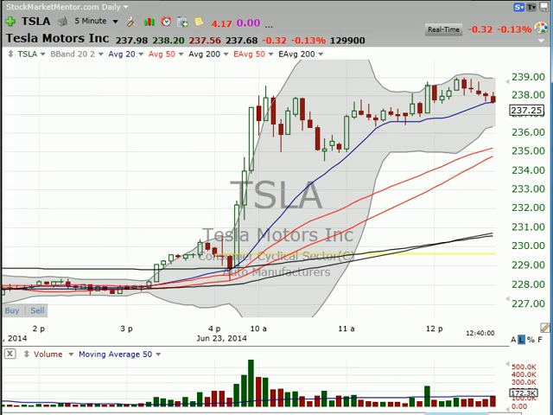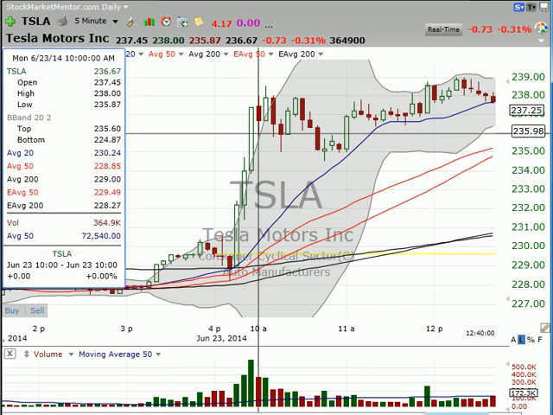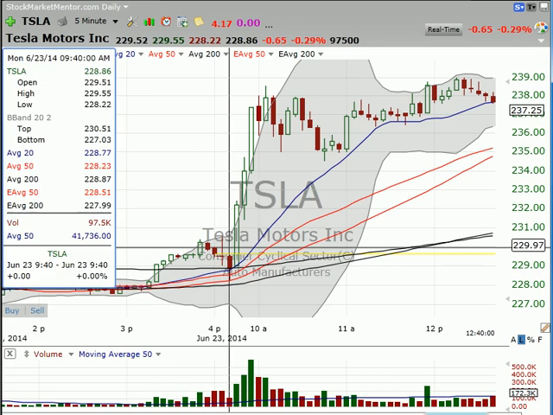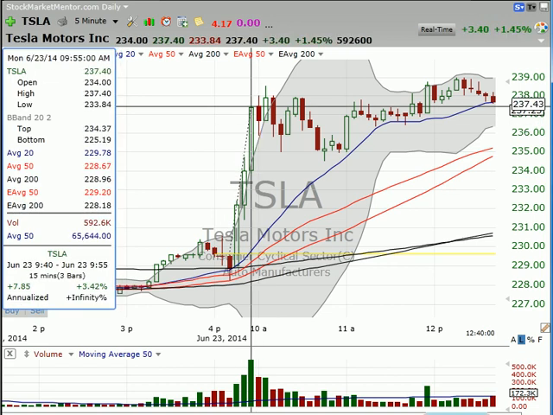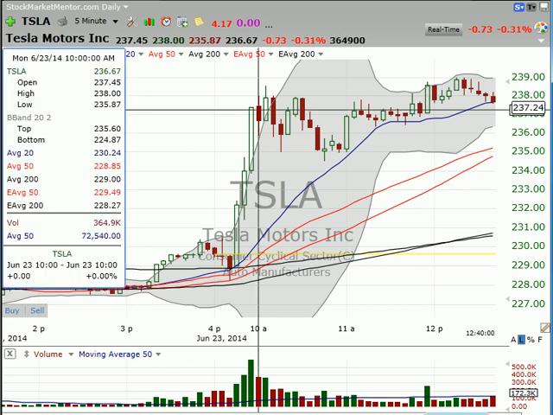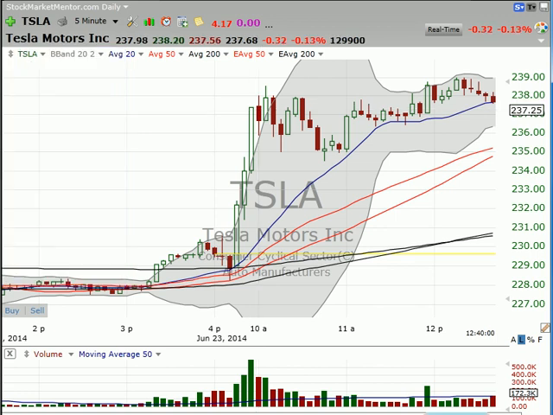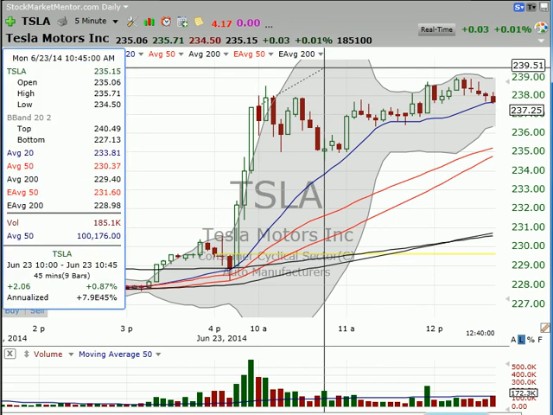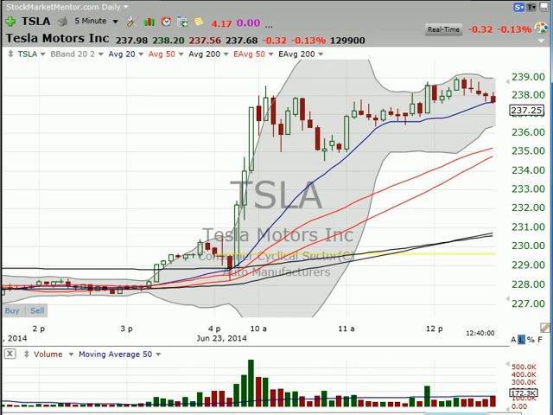Then we see this red candle here where it looks to me like this upside momentum is waning, might get more of a pullback. So I close out my position. Then I look here. The high was 238. Now, I'm out. If the stock starts moving higher, I might consider getting back in, but I'm out and I'm happy with that.